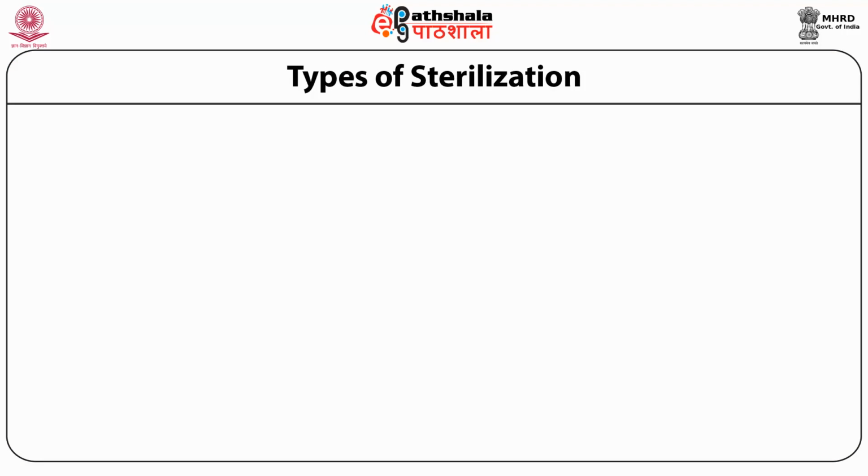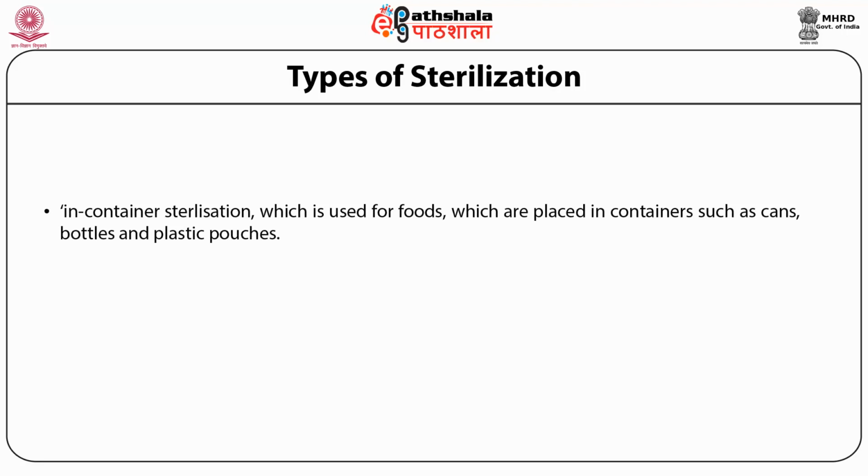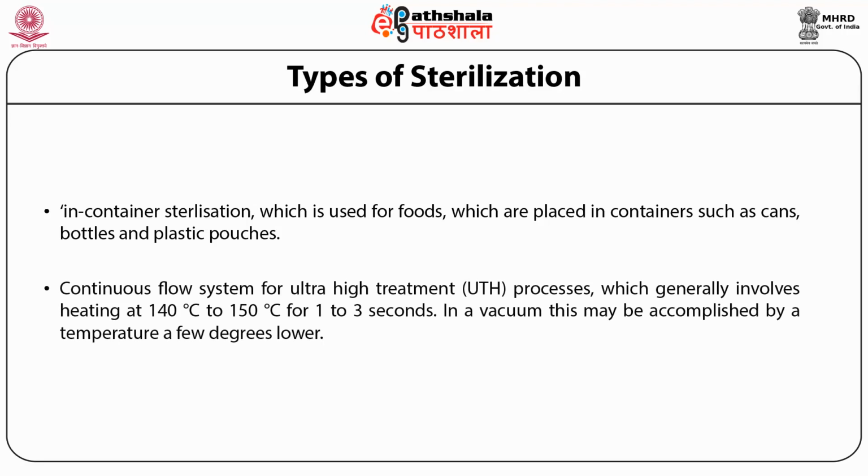The sterilization process can be divided into two main categories. First is in-container sterilization, which is used for foods which are placed in containers such as cans, bottles, and plastic pouches. The second method is a continuous flow system like HTST.